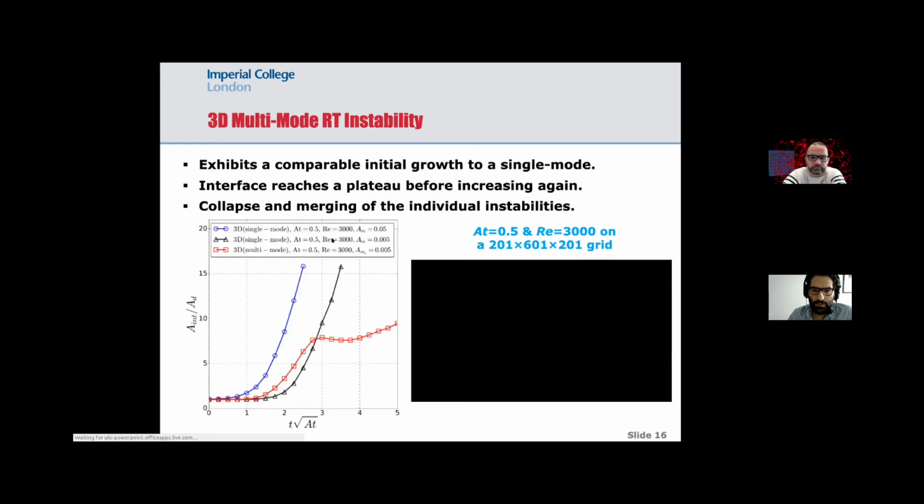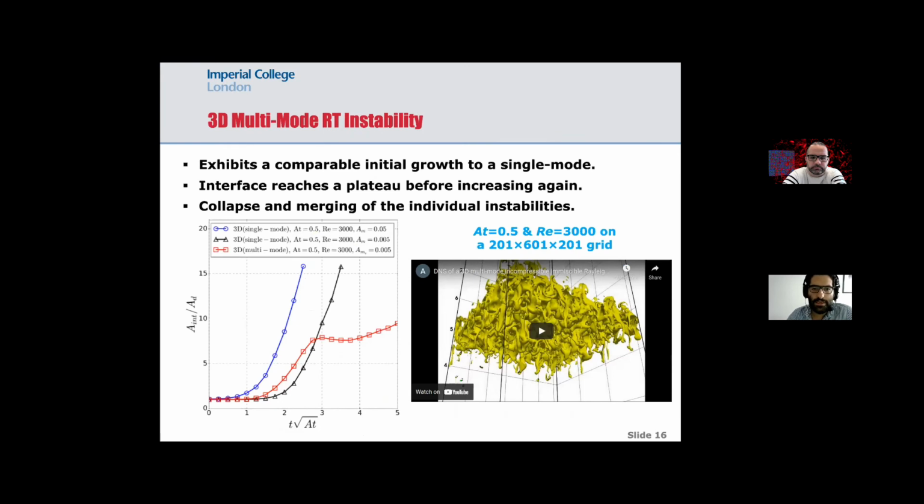And now we move to the 3D multi-mode instability. We make a direct comparison with the single mode one. As you can see here, this is the ratio of the interface area of the instability over the area of the domain.